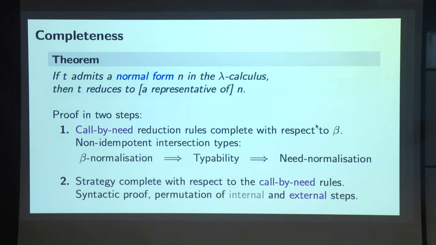The first step is based on a typing argument on intersection types and says that if our term is normalizable in the lambda calculus, then it will be typable in our fancy type system. Then from the typing derivation, we'll be able to derive a reduction sequence that uses the reduction rules of call by need, and this reduction sequence will go to a normal form.